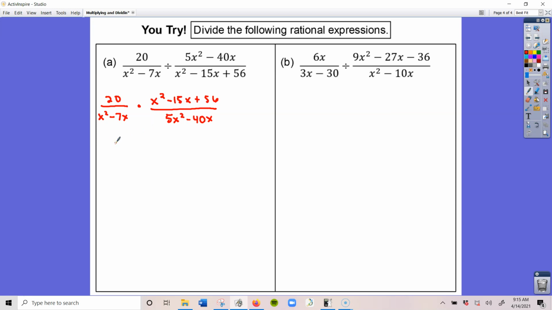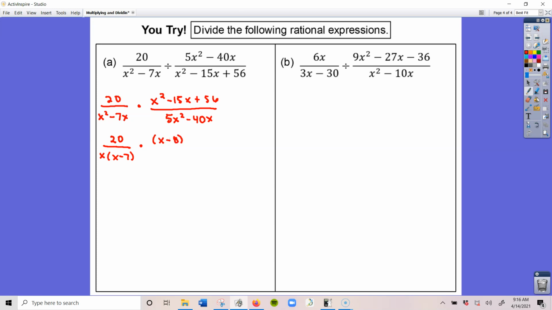Now let's factor. We get 20 over x times x minus 7, since both of these have an x that can be divided and factored out, times x squared minus 15x plus 56. The two numbers that multiply to give you 56 and add to give you negative 15 are negative 8 and negative 7.